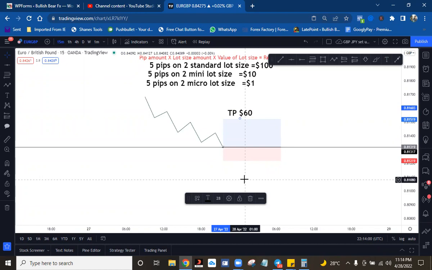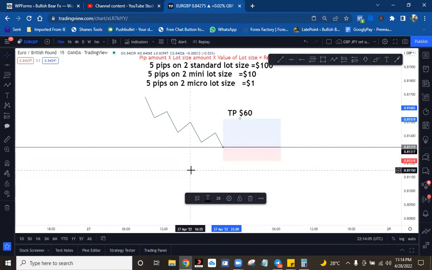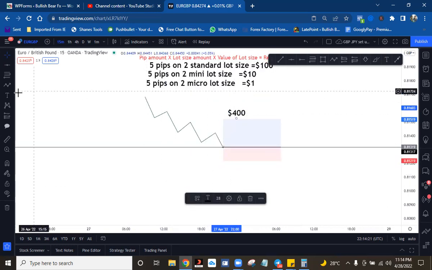I think 1-to-1 risk reward ratio. That should be it. I'm targeting 400 and risking $200.